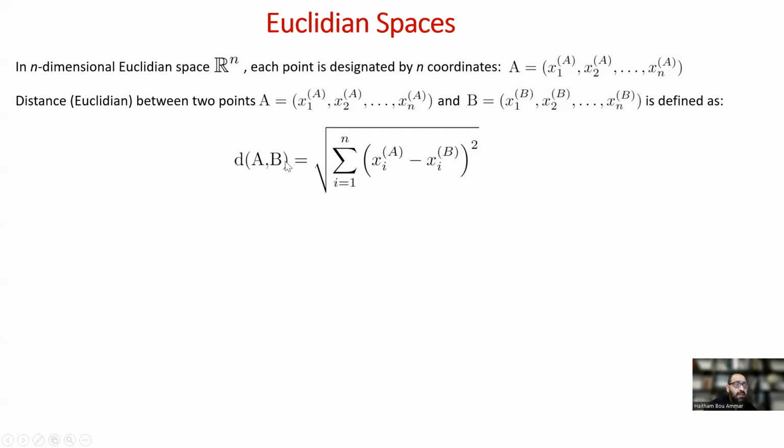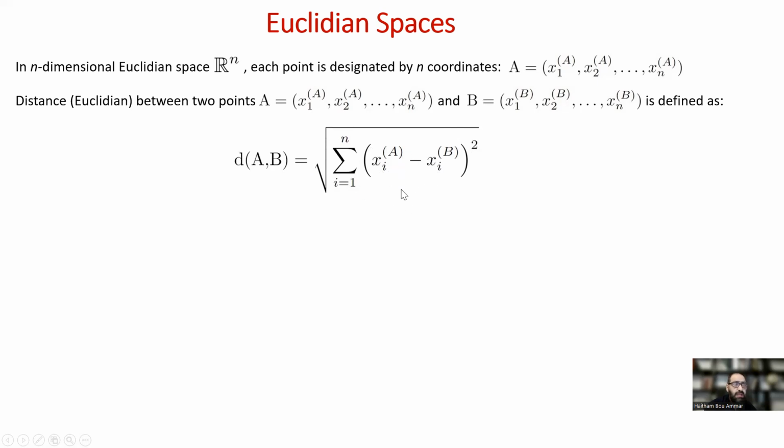Now we can define the distance between these 2 points A and B as the square root of the sum of the squares of the corresponding coordinate axis values.